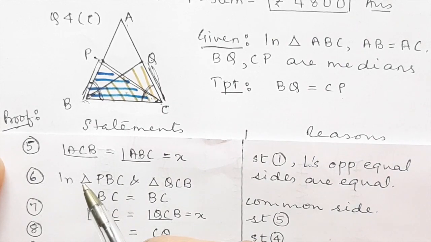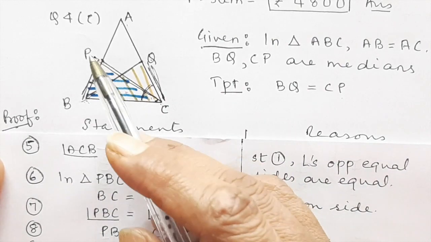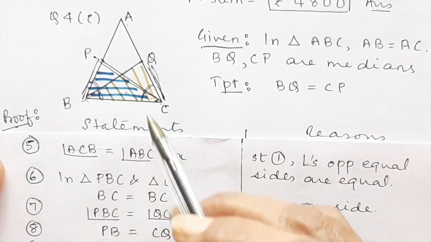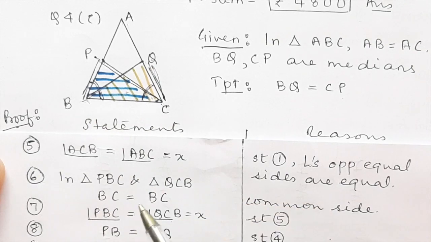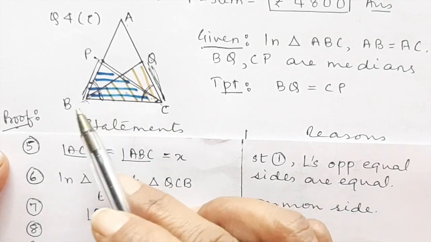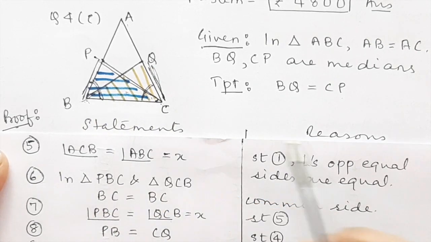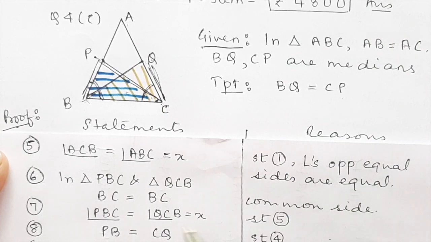Then we talk about in a triangle PBC, that is PBC, and triangle QCB, we have BC equal to BC, that is the common side. See, I've written the common side.